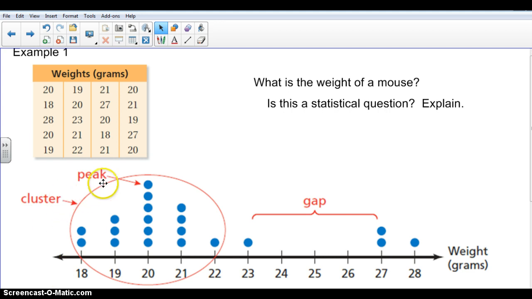So you have to remember when you're looking at your data, you're looking at this kind of information. Where's the highest or the most amount of answers? Where's my cluster? Where's the majority of answers on my line plot? And where do I have a gap? One of the things to remember, and that's a common error in drawing a dot plot, is that when people make them, they jump from 23 to 27, like they'd put 27 right here, because they say there's no information between these two.